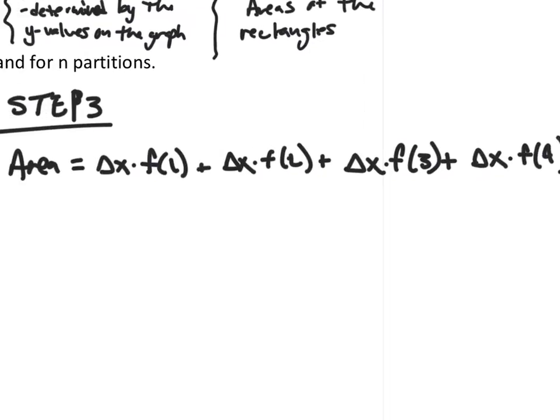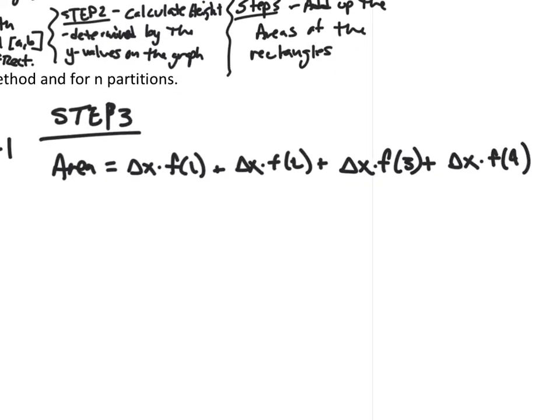Now, one of the things we can do here is substitute our values in for delta x and our y values. So delta x is just equal to 1 on each of these, and I'm going to plug in my y values at each of these function values.